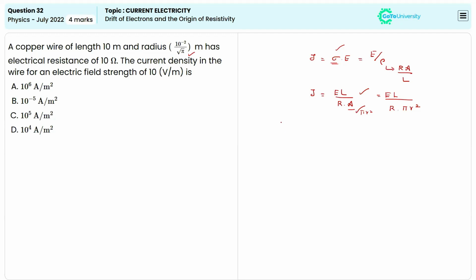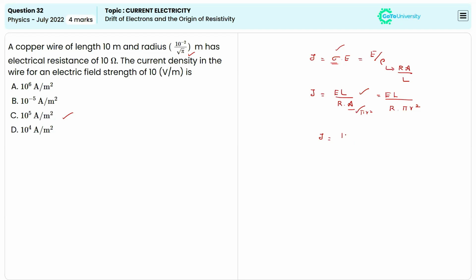You will get the value of current density as what? What did you people get? Yeah, very good. Most of them said 10 to the power 5, option C. So here E was given as 10 volt per meter, right?